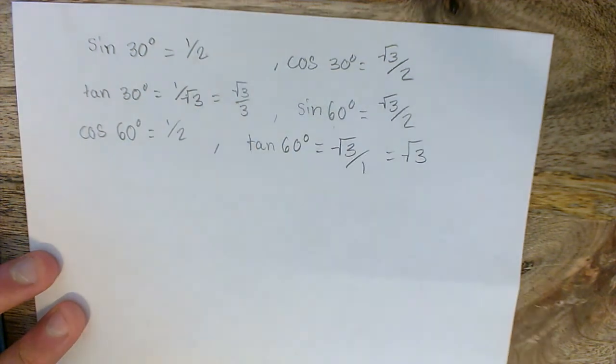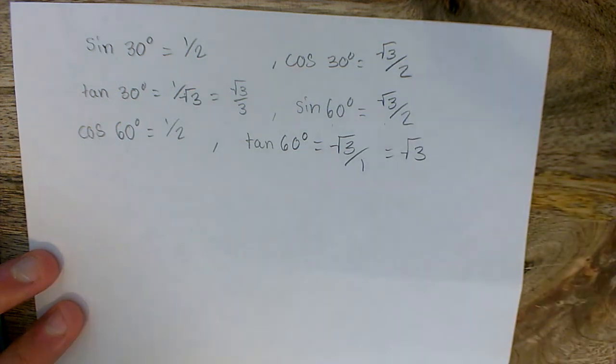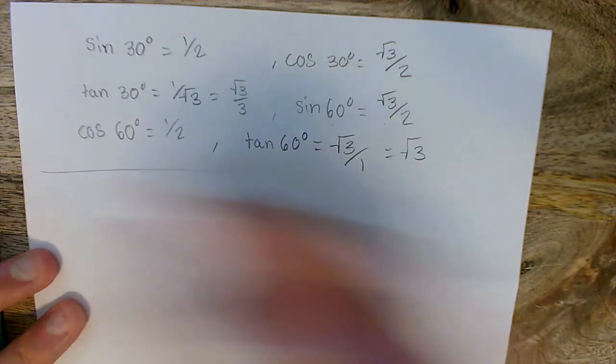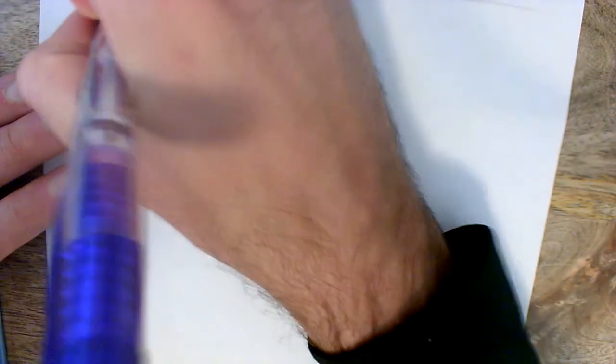They're both 1/2. Now, the cosine of 30 degrees and the sine of 60 degrees are both square root of 3 over 2. This leads us to those relationships and a couple other relationships. These are called co-function identities.